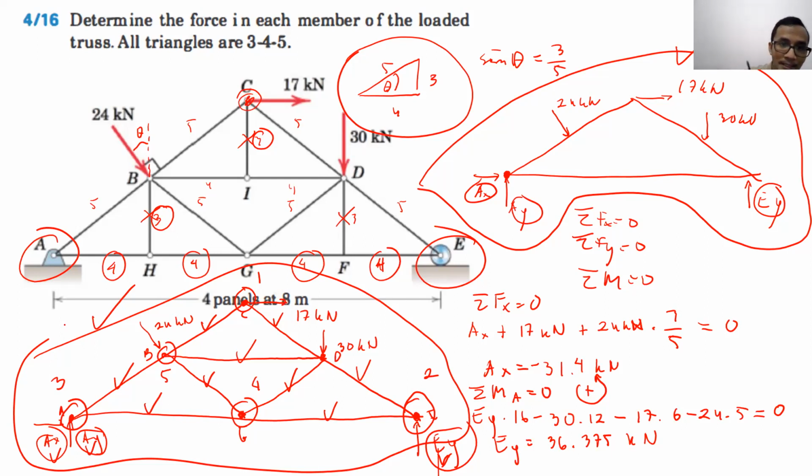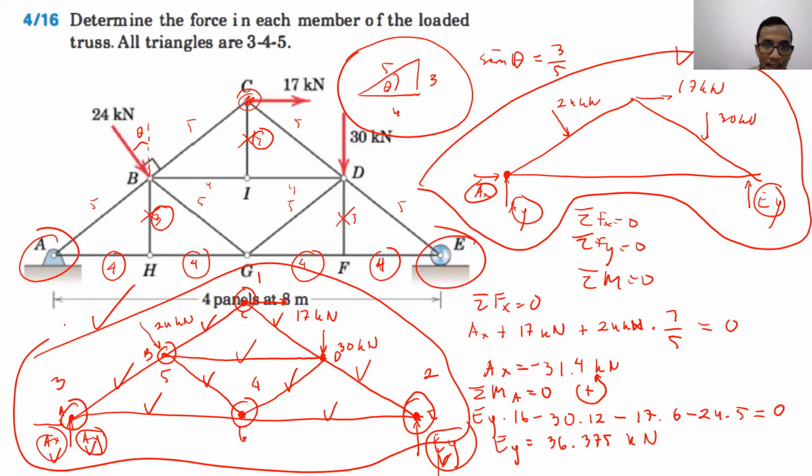After that, bit by bit, you will add the number of members where the value of the internal force is already known. Then you can move to the other joints which now only have 2 unknowns. Continue to do that, then you will be able to solve all the joints.